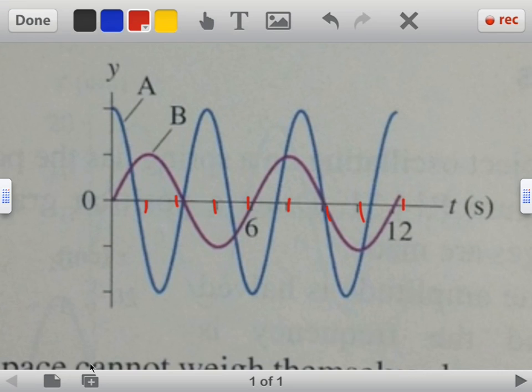So I believe that means one line is 1.5, doesn't it? 3, 4.5, 6. So this should be 7.5, this should be 9, this should be 10.5, and that's 12.